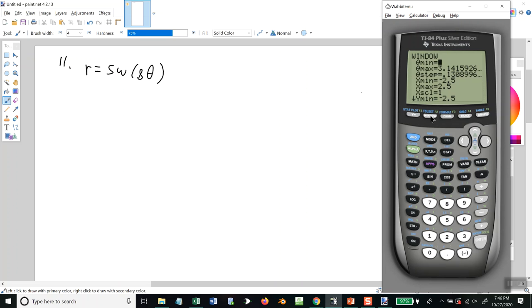So I'm going to go to my window. Instead of pi, I'll put in pi over 2, and press graph. Closer now. But really, if I'm going to look at two petals, I'd like to just have 1 petal and then multiply it by 2 to have 2 petals. So let's keep reducing it. That's pi over 2, so pi over 4.